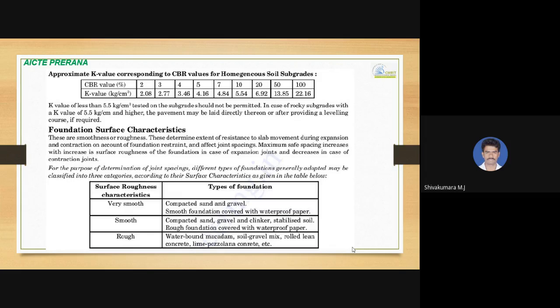Such foundations are classified as very smooth surface characteristics foundations. And if it is compacted sand, gravel and clinker, stabilized soil, or rough foundation covered with waterproof paper, that possesses smooth surface characteristics. And then waterbound macadam, soil gravel mix, rolled lean concrete, lime pozzolana concrete, etc., will possess rough surface characteristics.